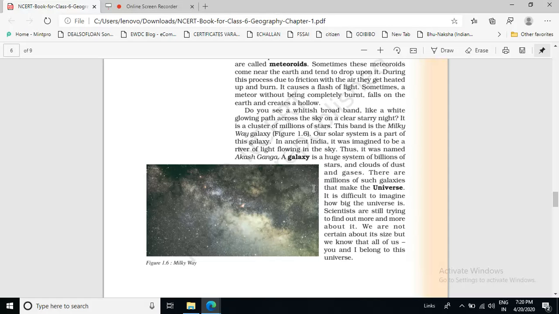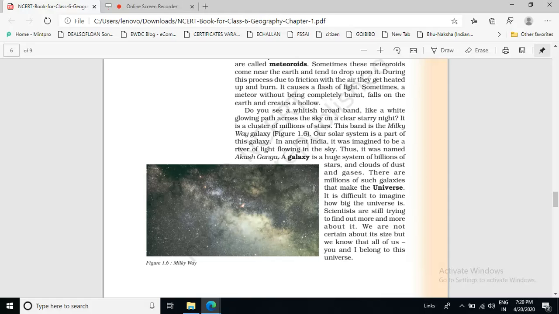So it is called Akash Ganga. So Akash Ganga and Milky Way Galaxy are both the same. The Milky Way Galaxy name, which we say in English, in Hindi we call Akash Ganga. Okay.